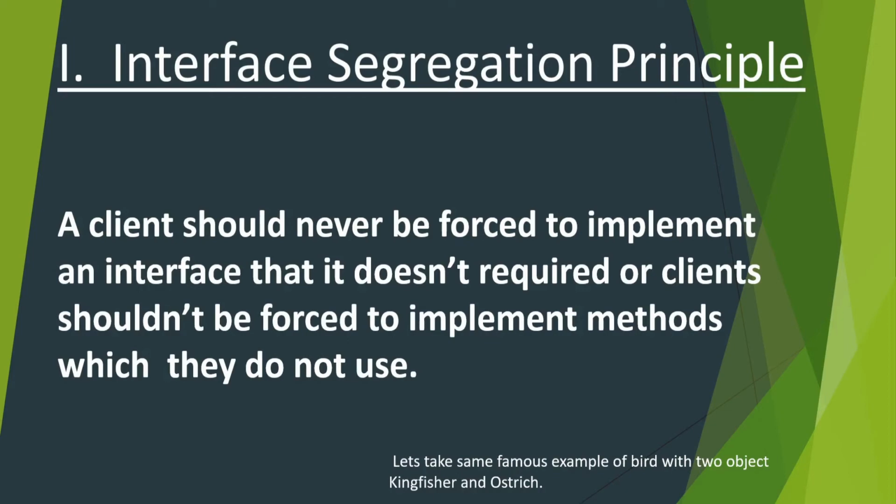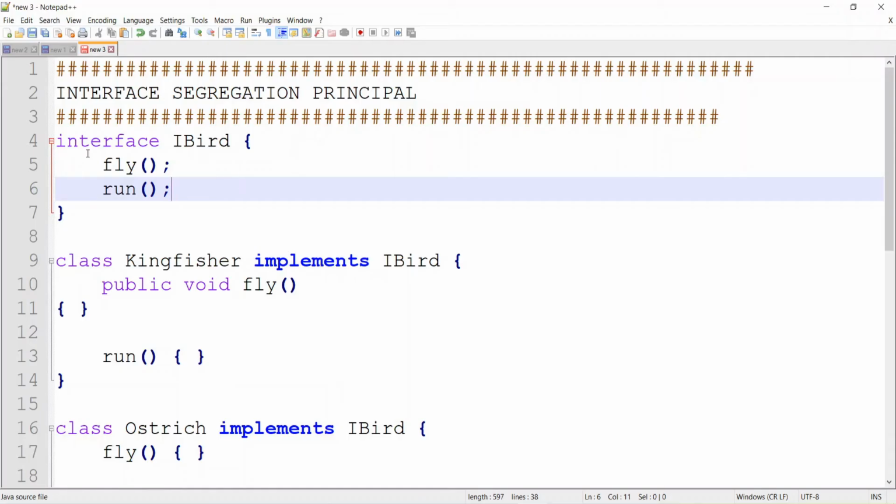So let's see the example. We will take the same famous example of birds, kingfisher and ostrich, and we will see how you can easily implement the interface segregation principle from the SOLID design principles. Always remember, you must not force any derived class to implement all the methods of the interface. So let's see the example.